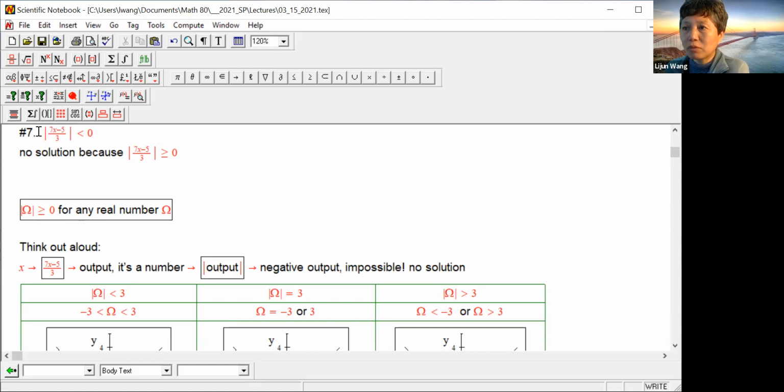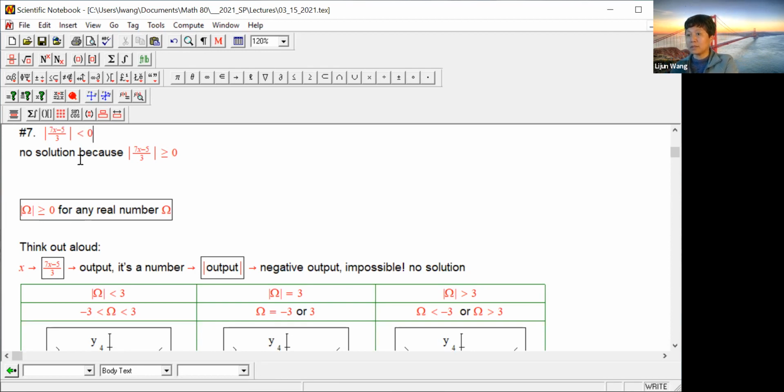Therefore, the absolute value of anything being less than 0 is never going to happen. It's just a camouflage on anything. Got it? So that answers the questions on number 11 and 12.